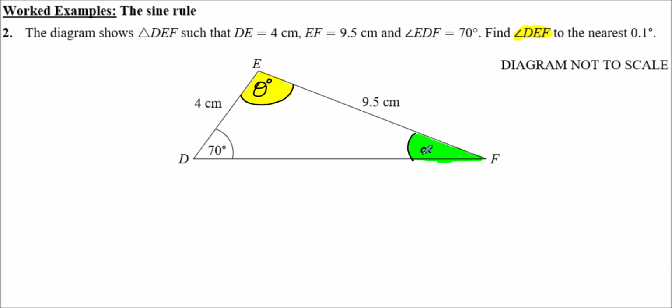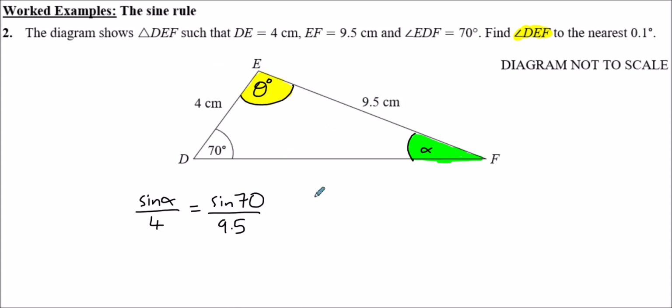Sine alpha, apologies, sine alpha divided by the opposite side, 4, equals the sine of an angle I know, sine 70, divided by the side opposite to that, which is 9.5.